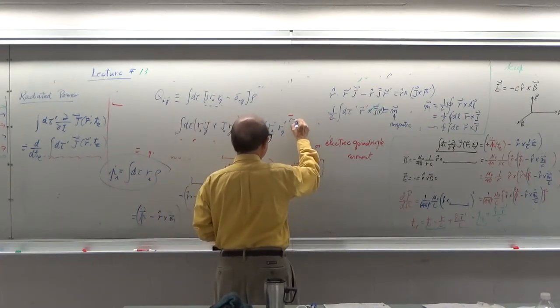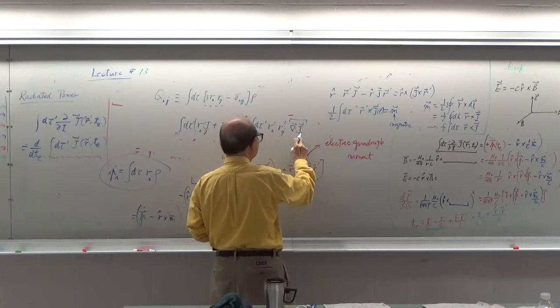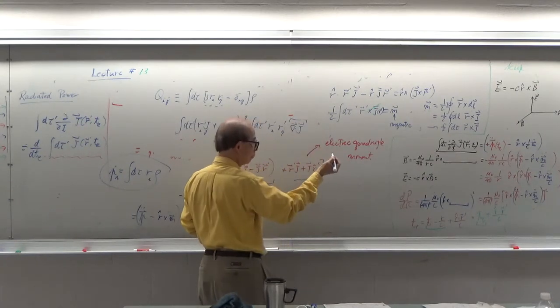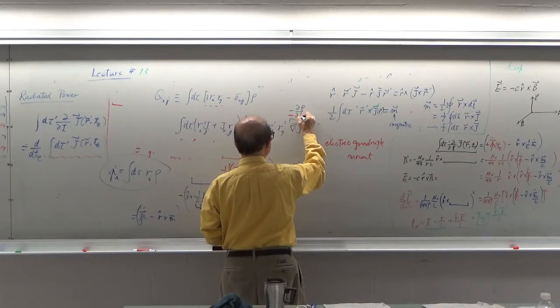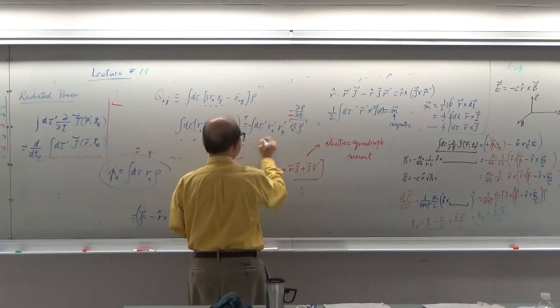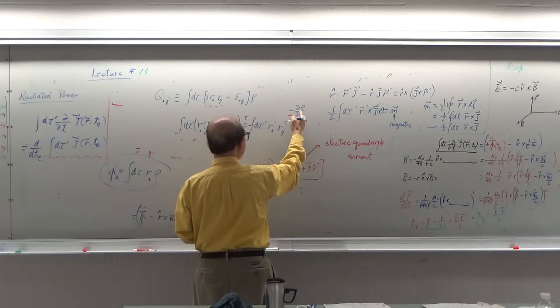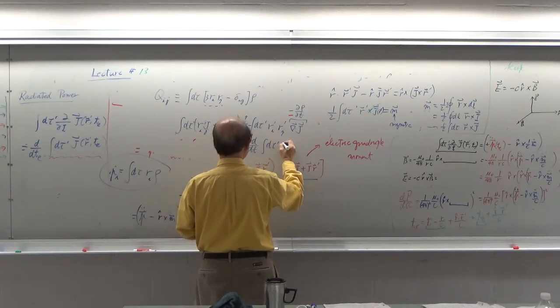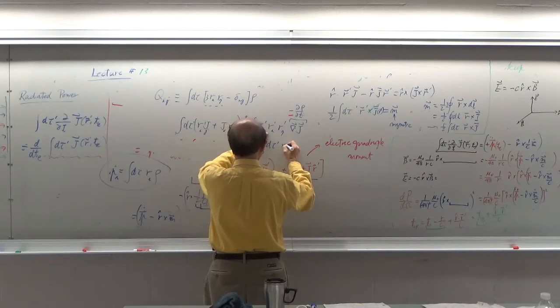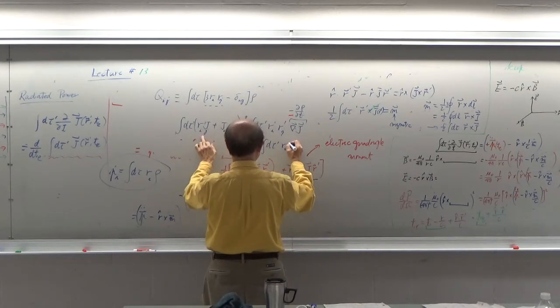On the other hand, for the divergence of J, I can use the equation of conservation of charge to write that as minus del rho by del t. So this is equal to minus, plus, push d/dt to the other side. So that will have one integral of r_i, this term exactly.